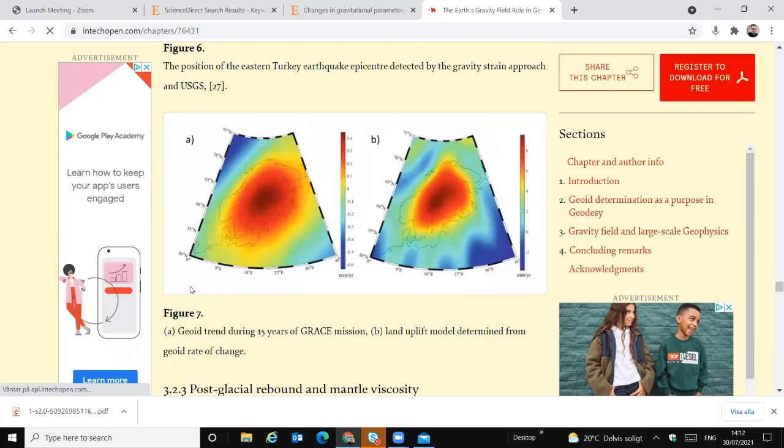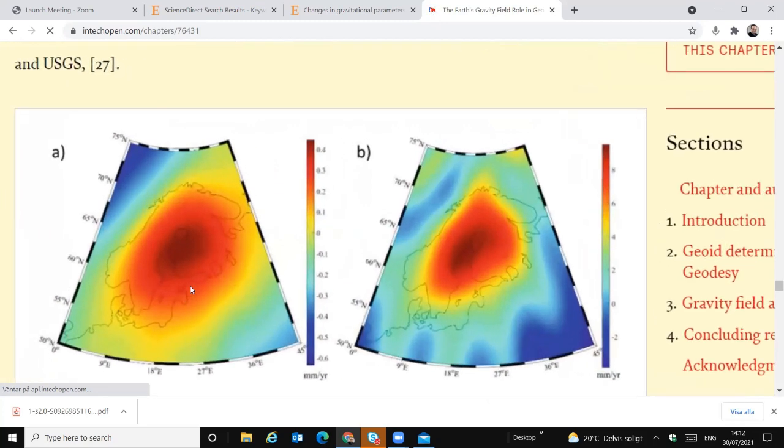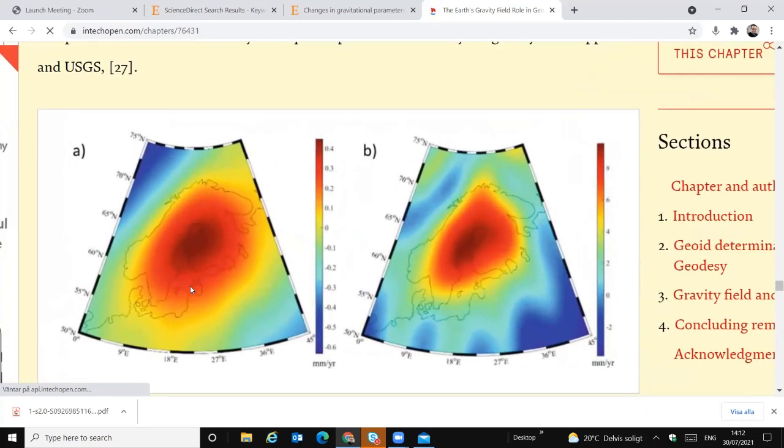On the left-hand side you see the land uplift, the geoid changes that I have computed using GRACE data. I computed for 15 years, point by point, the geoid and fitted a line to the changes for each point.